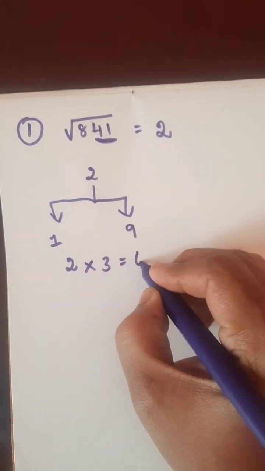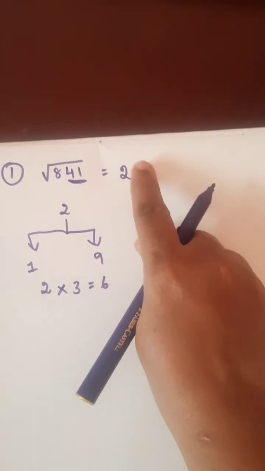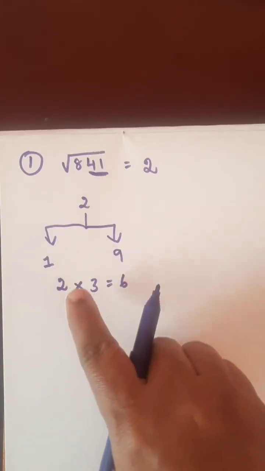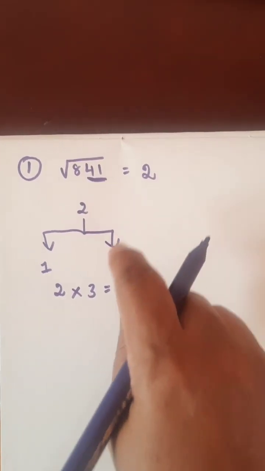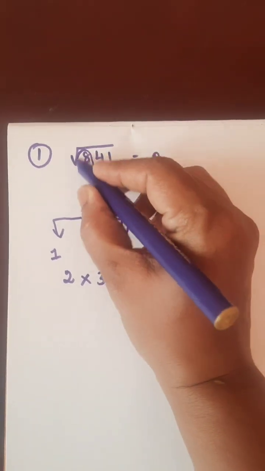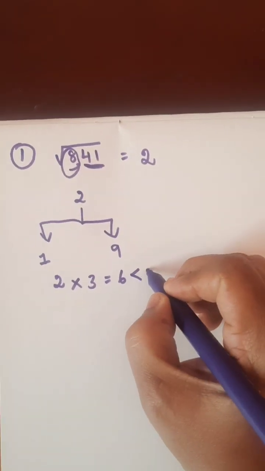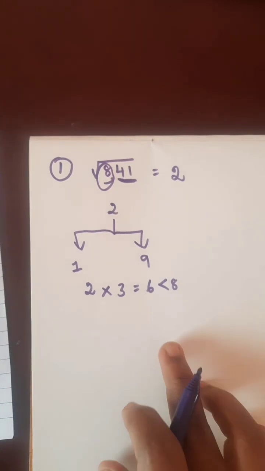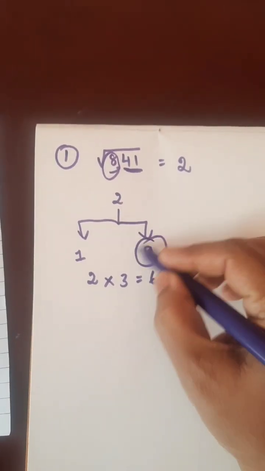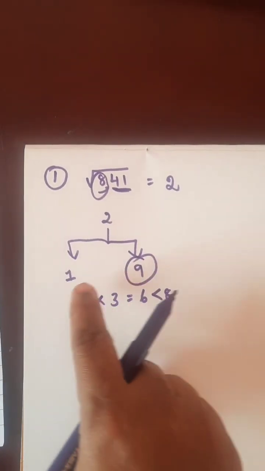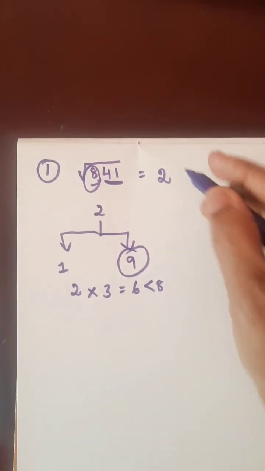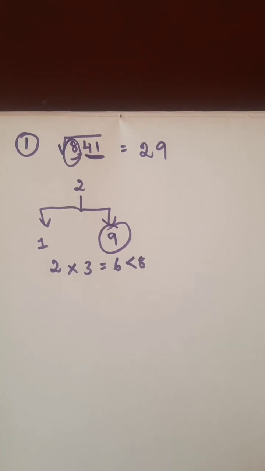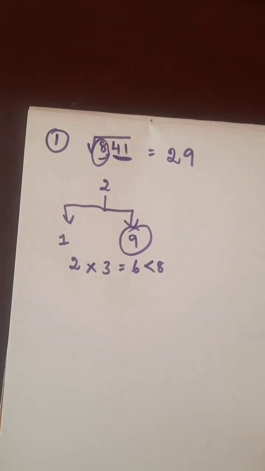So 2 into 3 is 6. That 6 is lesser than this 8. In that case, we have to go for the higher number. We have two options, 1 and 9, but since we got 6, which is lesser than 8, we go for 9. So root of 841 is 29.